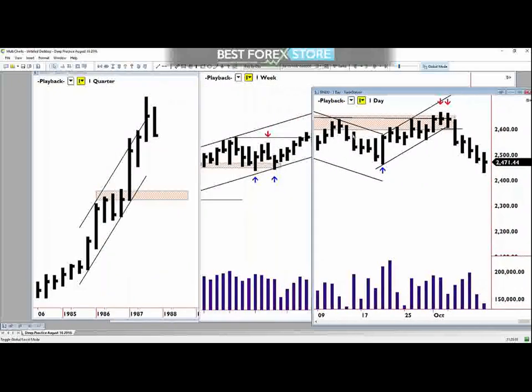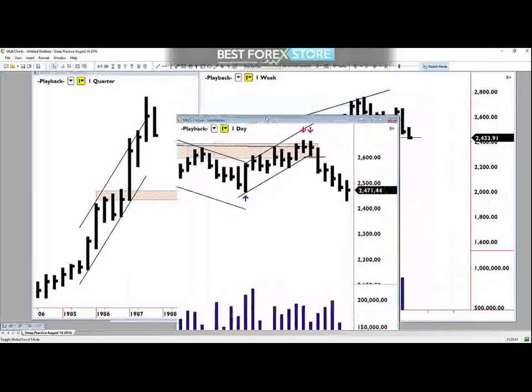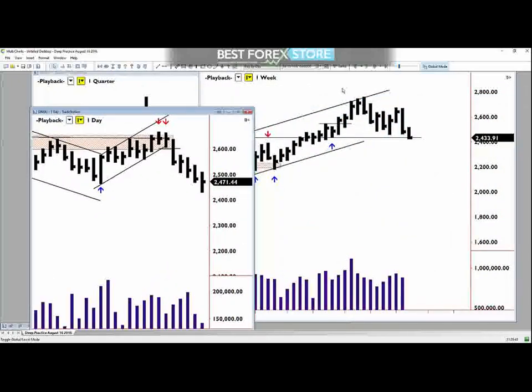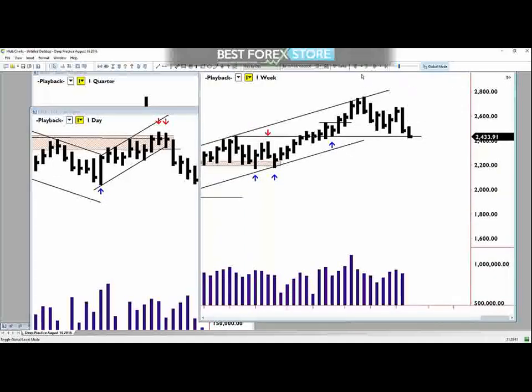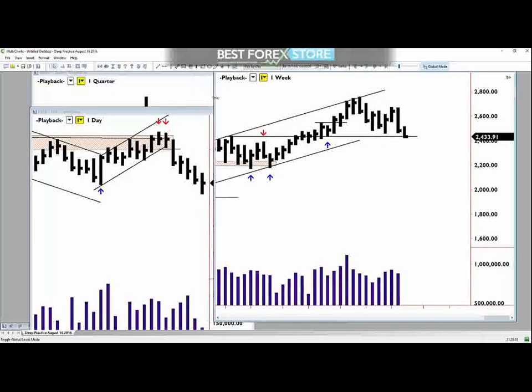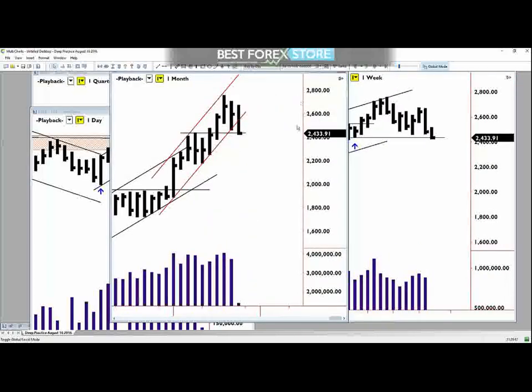And so here we are at this spring. The weekly doesn't look conducive for a spring at this point. I brought everything back to that day, right? So the weekly really does not look very conducive for a spring. And worse than that, the monthly doesn't look very conducive either.